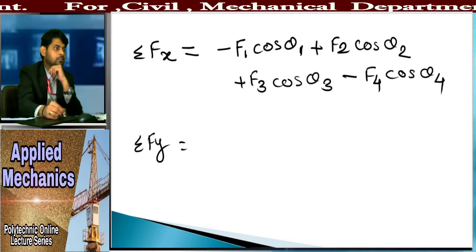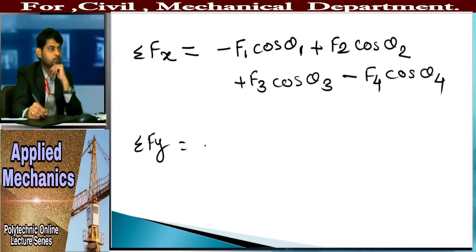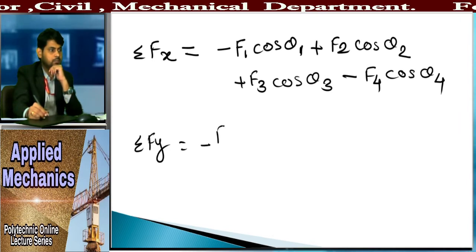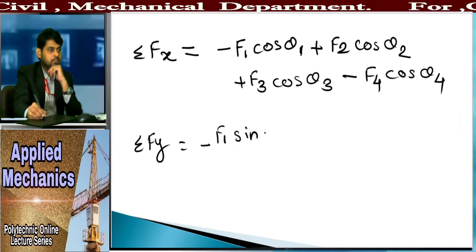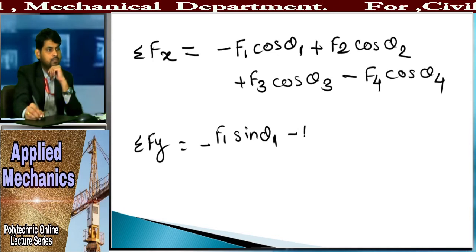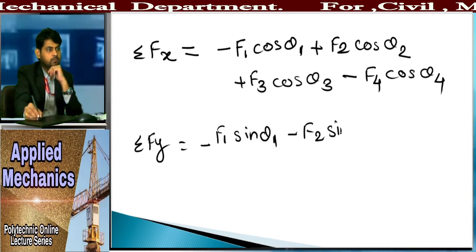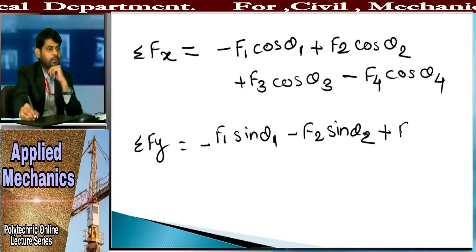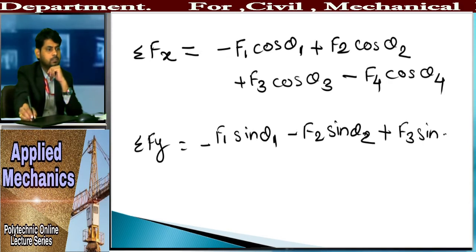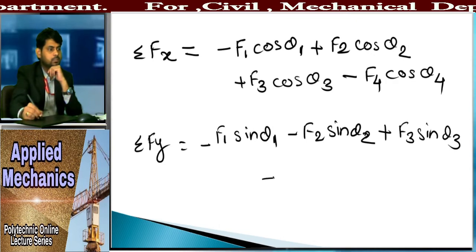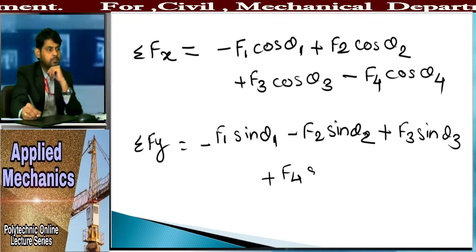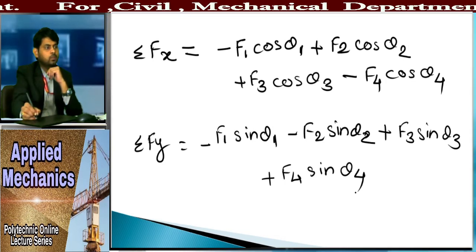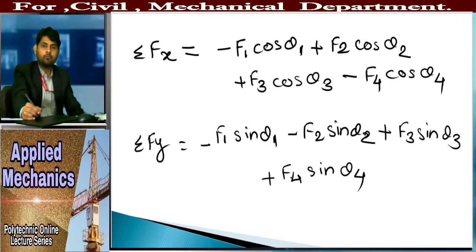So your resolution would be like this: minus F1 sin of theta 1 minus F2 sin of theta 2 plus F3 sin of theta 3 plus F4 sin of theta 4. So this is the resolution of your forces.